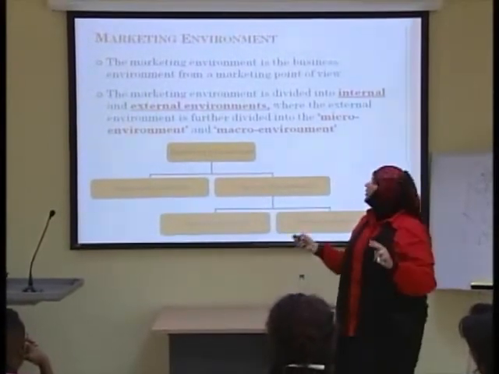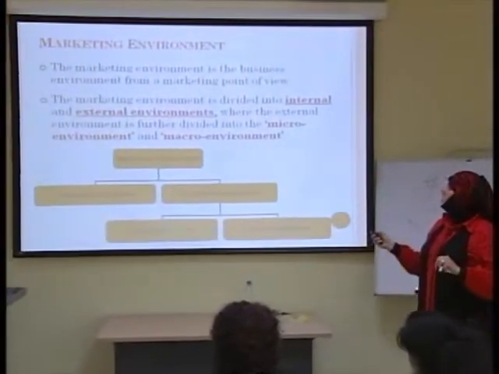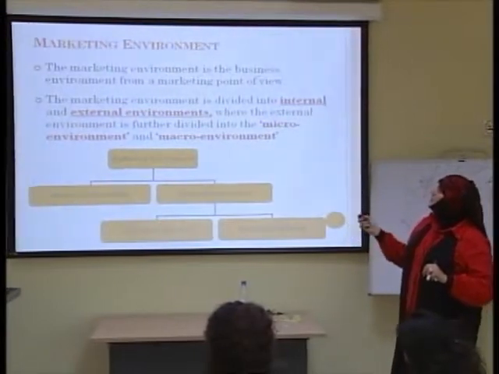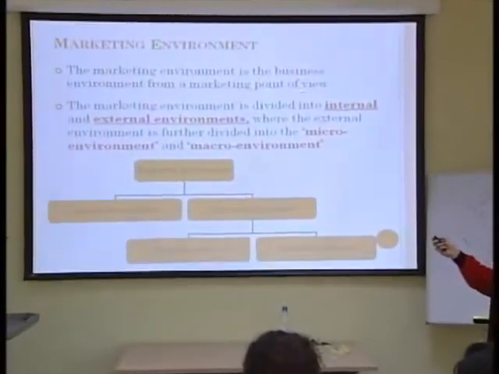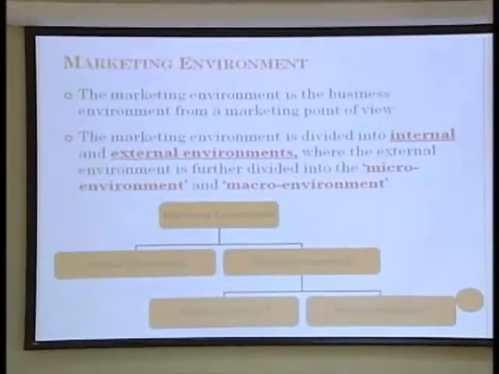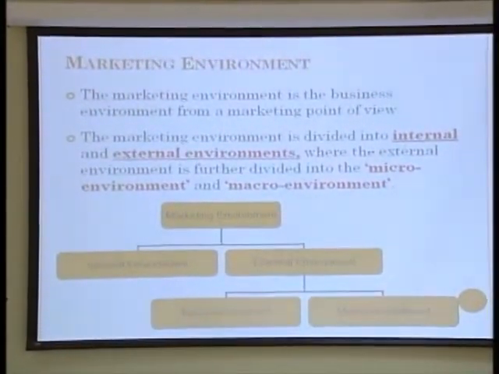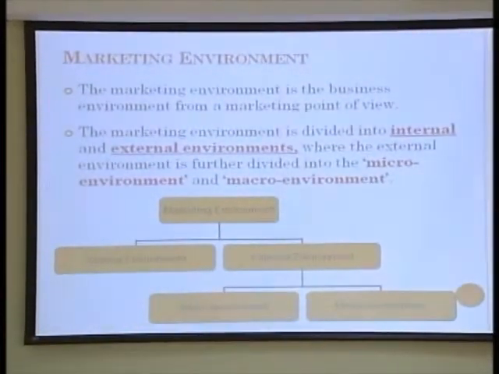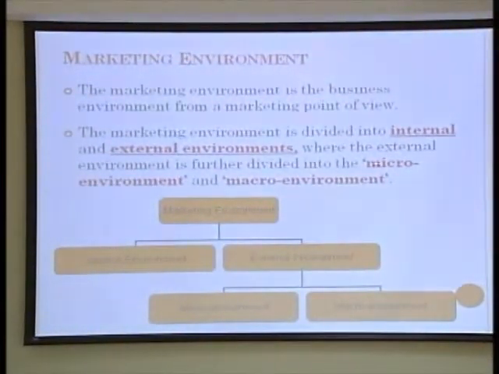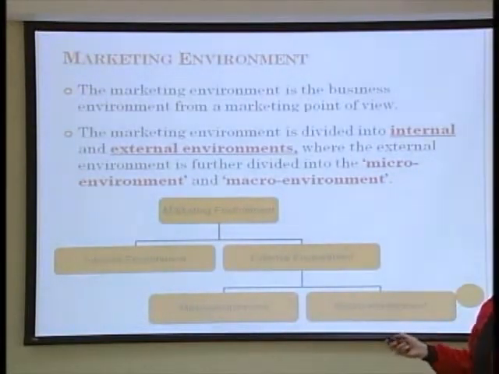Clear? Okay. So, here the marketing environment is the business environment from a marketing point of view. The marketing environment is divided into internal and external environments, where the external environment is further divided into micro environment and macro environment.